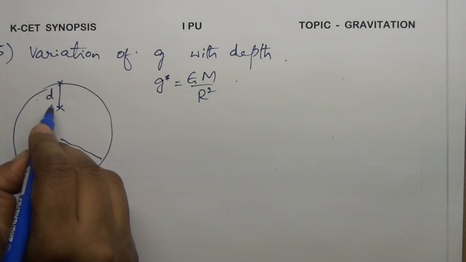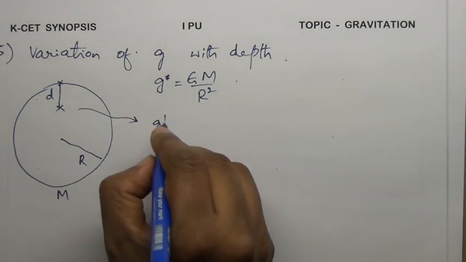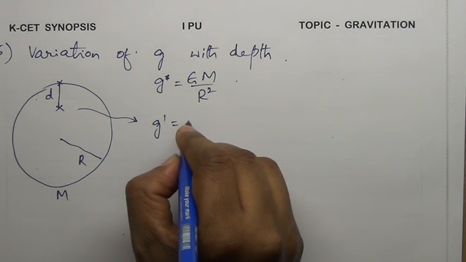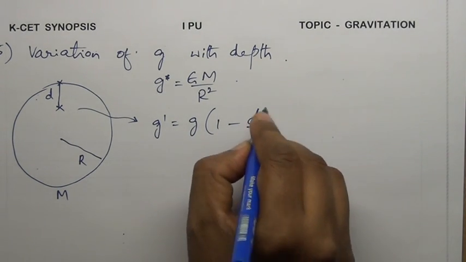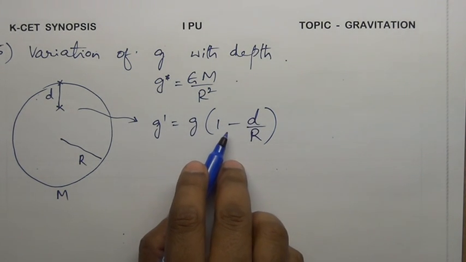If this is depth d, then acceleration due to gravity at this depth is given by g into (1 minus d by R). So this equation is true for any depth. Okay, there is no condition.